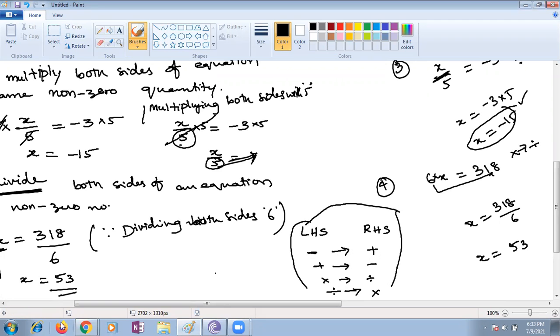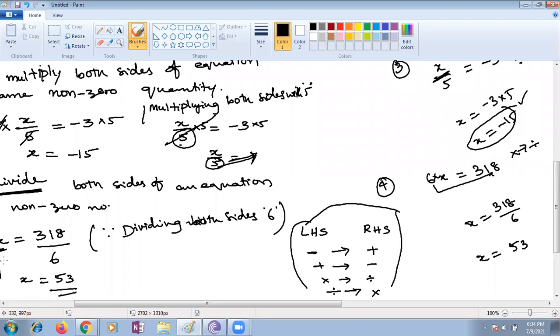Ma'am, I have a doubt. Harini. Yes, ma'am. In the first statement, where we can add the same quantity on both sides, you gave an example x minus 6 equals 12. Can you also do x minus 6 into 6 and 12 into 6?